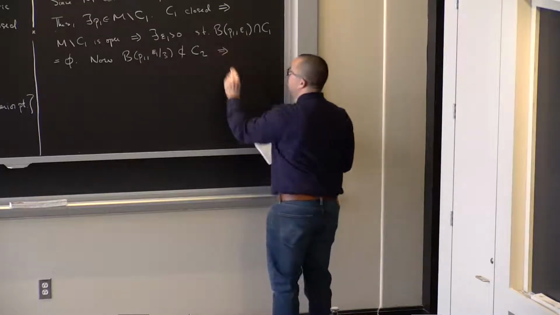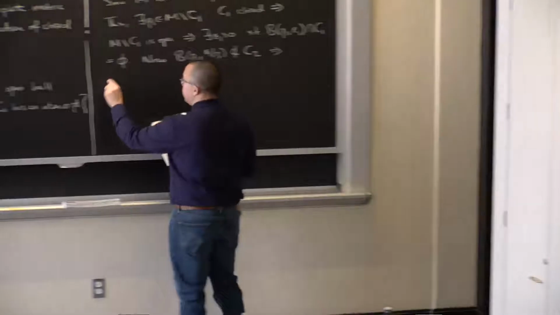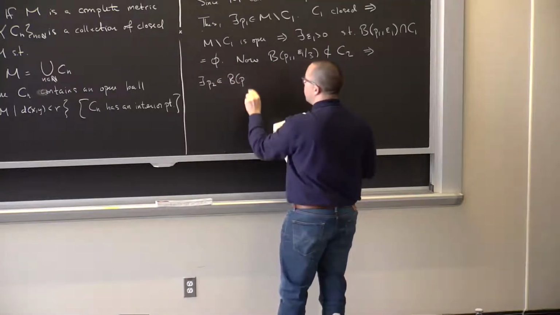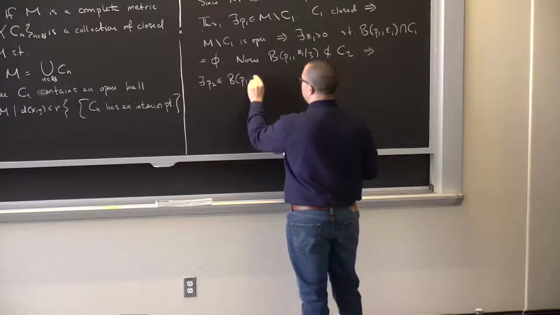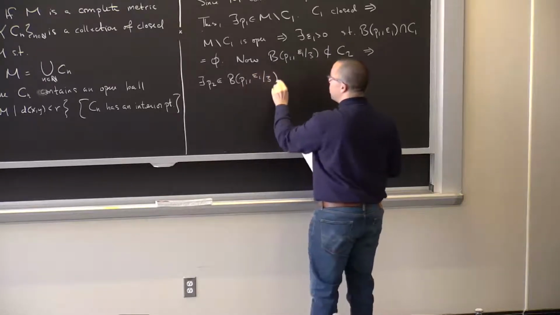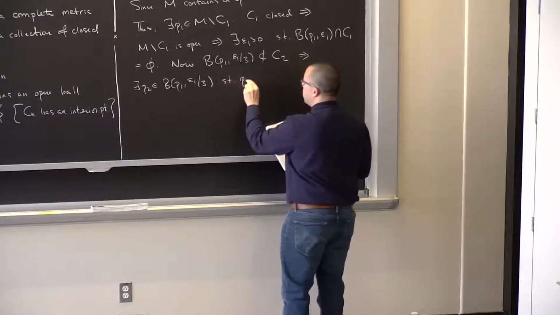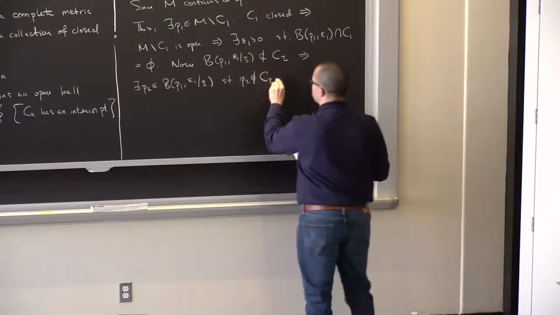And therefore, there exists some point P2 in this open ball centered at P1 of radius epsilon 1 over 3 such that P2 is not in C2.